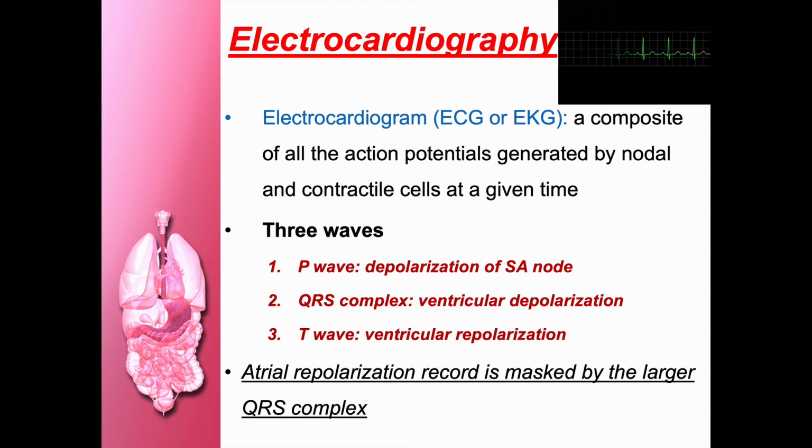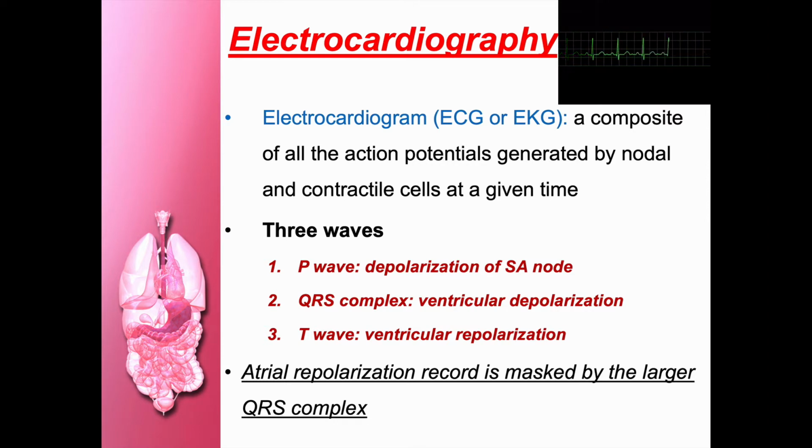Coming to the P wave, it is representing systole of both atrium, where there is depolarization of the SA node. Then the QRS wave complex is ventricular depolarization, where the contraction of the ventricle is taking place.